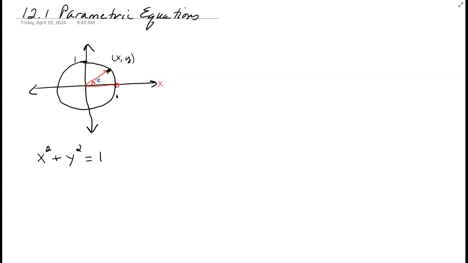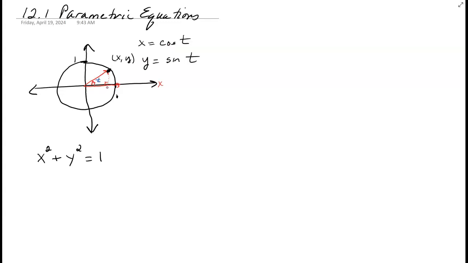In your trig class, your pre-calc 2 class, if you took it at Raritan, see if you can remember, x is equal to cosine of that angle, and your y value is equal to the sine of that angle. That just comes from our basic right triangle trig, because cosine is adjacent over hypotenuse.